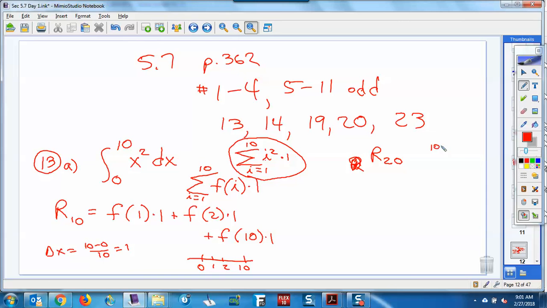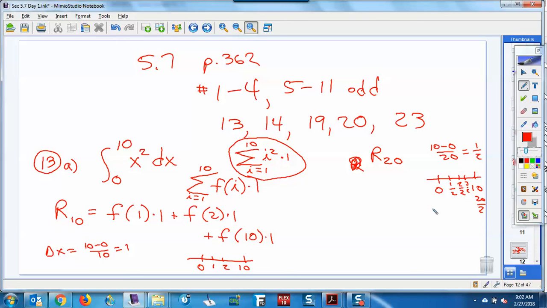You're still going to do your width, which is now going to be a half, since 10 minus 0 divided by 20 is a half. On your number line, you go from 0 to 10, and you have 1 half, 2 halves, 3 halves, all the way to 20 halves. So you do make that.